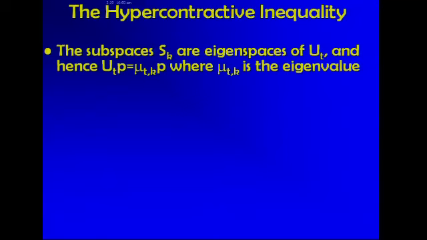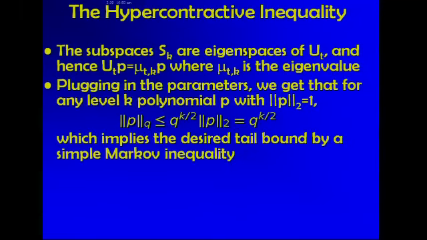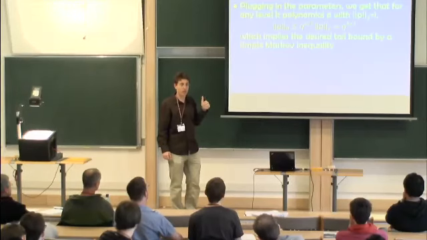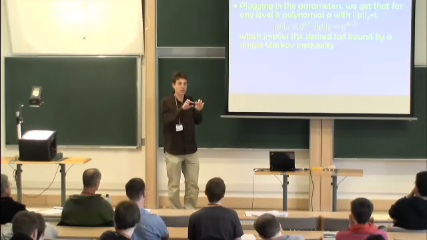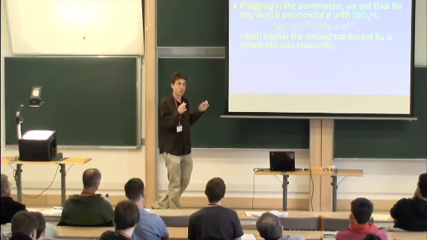The point is the following. The reason the hypercontractive inequality is so useful is this: if we have a polynomial of degree k, in spherical harmonics level k, we know exactly how the heat flow acts on it. It just multiplies it by a scalar, because a polynomial in the spherical harmonics is an eigenfunction of the heat flow.